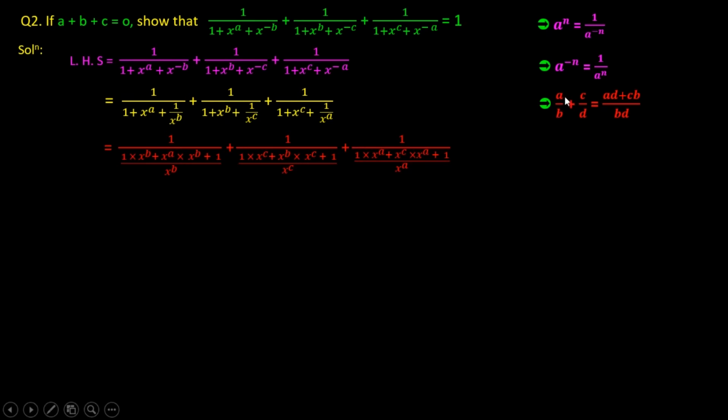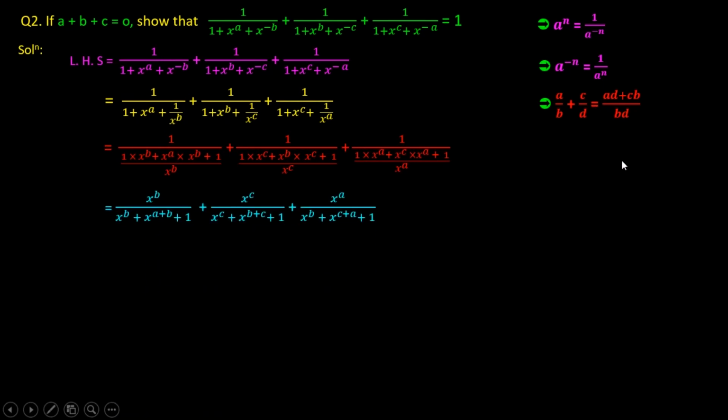B is not here in the denominator of the second term, but b is in the LCM, so we multiply the numerator with b. The part that is not in the denominator but is in the LCM, you have to multiply that part in the numerator.